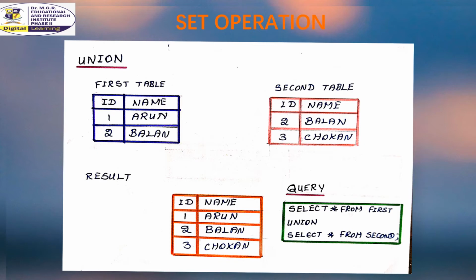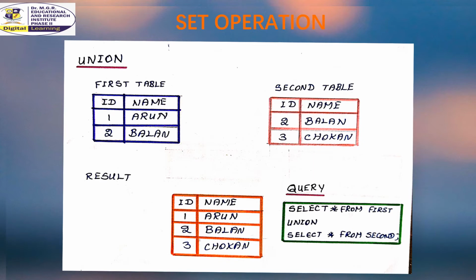The result table will be formed by using the query. So the result table has three records, that is 1 Arun, 2 Balan, 3 Chokan. In this type of union operation, the duplicate row or record will be eliminated.